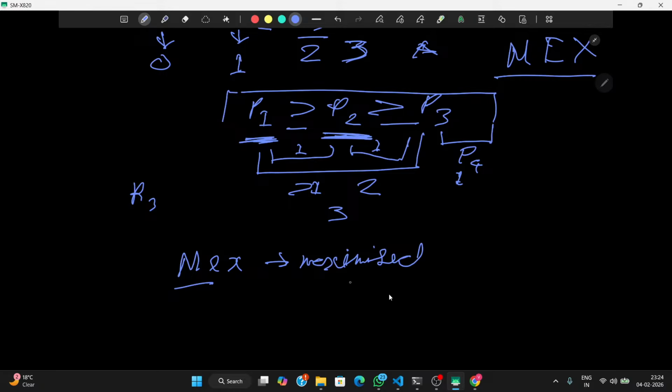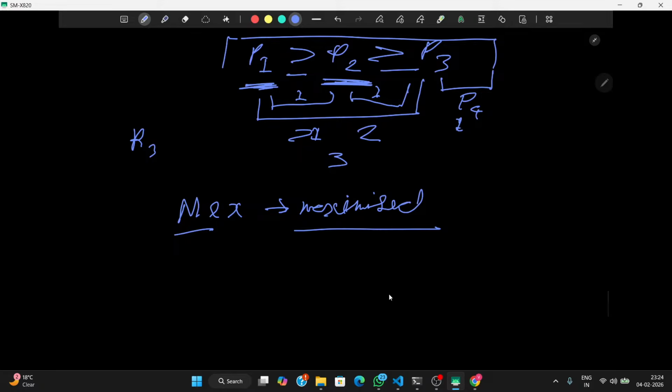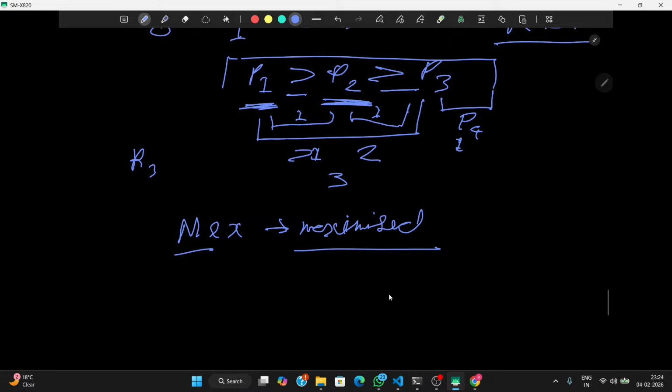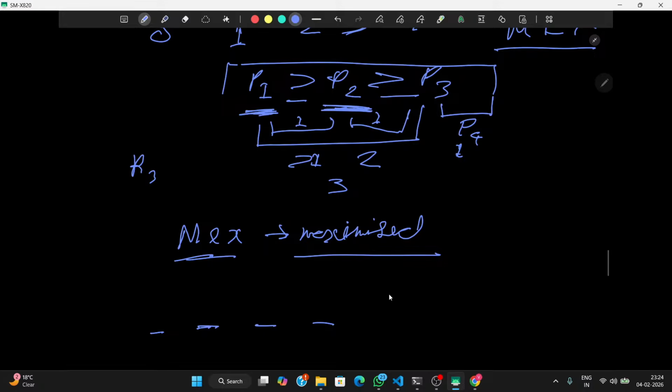So for the max to be maximized, we will put consecutive elements in the beginning of R, so that we get our desired max. Then the rest of the elements that are not consecutive to any of these elements, we can put in any order, that is n minus x factorial, where this is x.